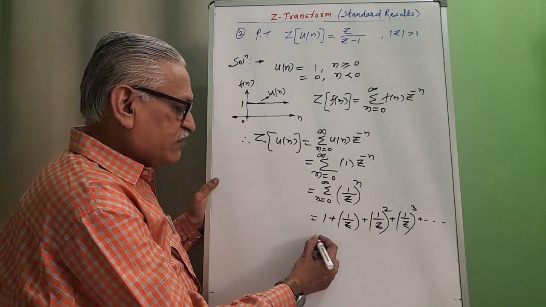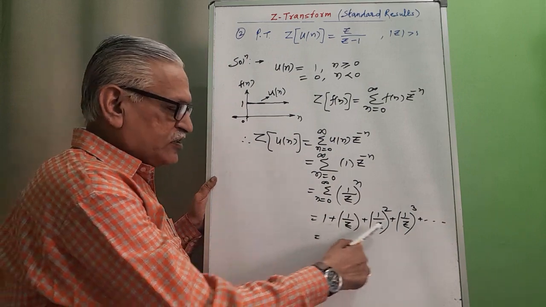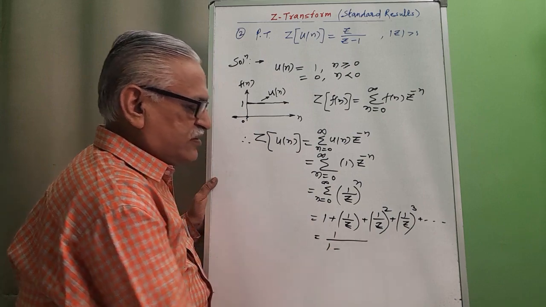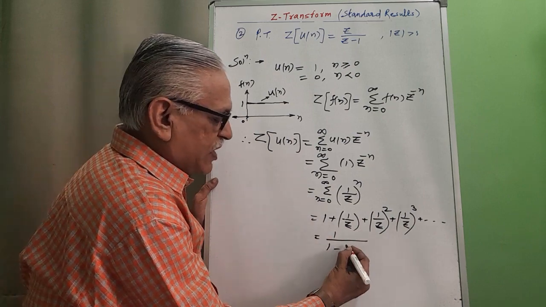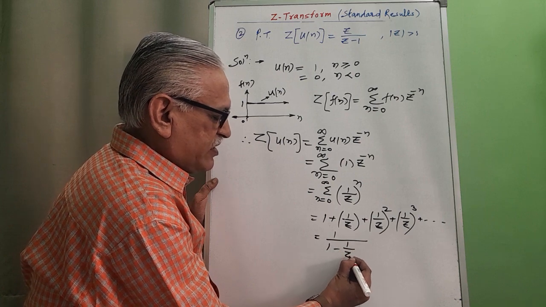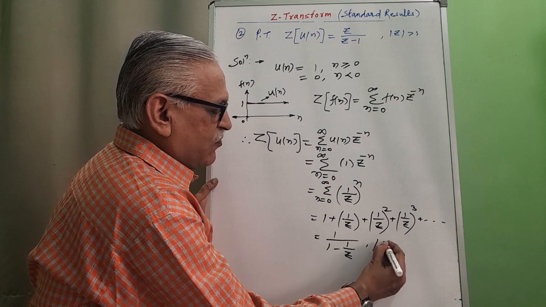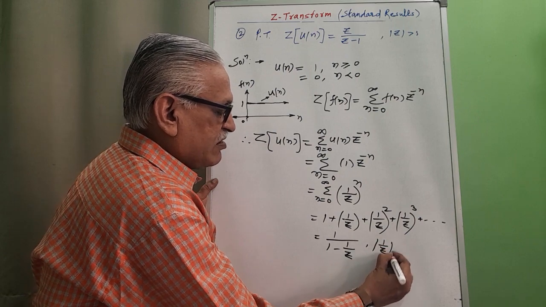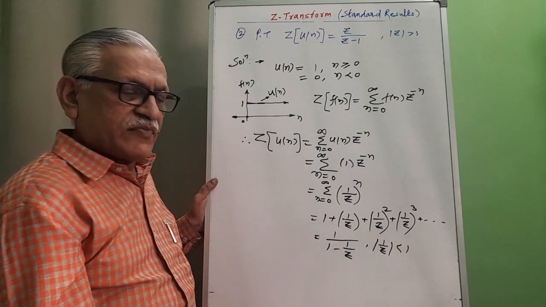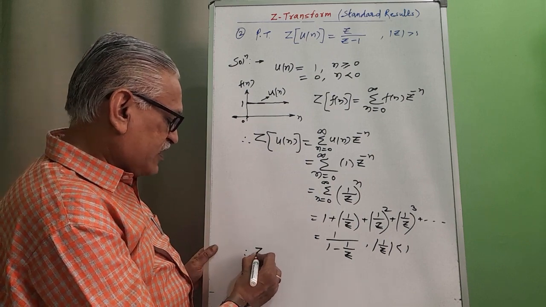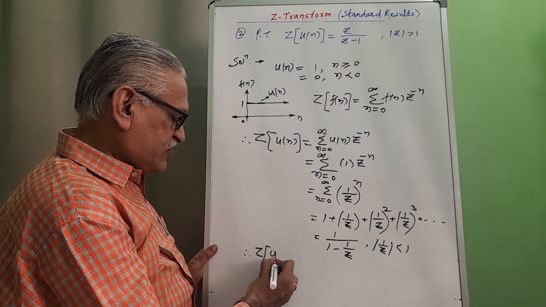And again applying the binomial theorem, the sum of this type of term is nothing but 1 upon 1 minus capital X, the value of capital X is here 1 by z, and the condition is mod of 1 by z less than 1, and therefore we get Z transform of that unit step function.